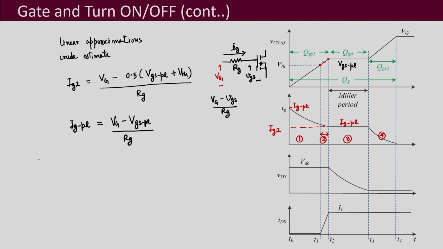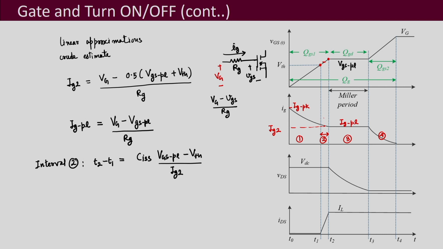And then during this interval 2, which is your T2 minus T1 in this case as we have named, this will be given as CISS times VGS PL minus VTH divided by Ig2.